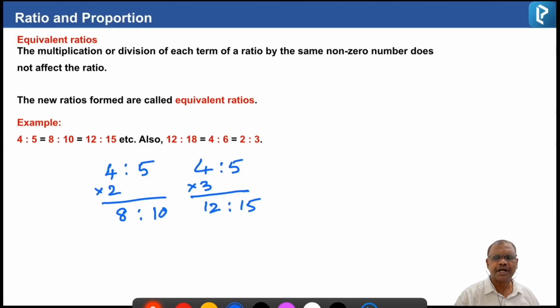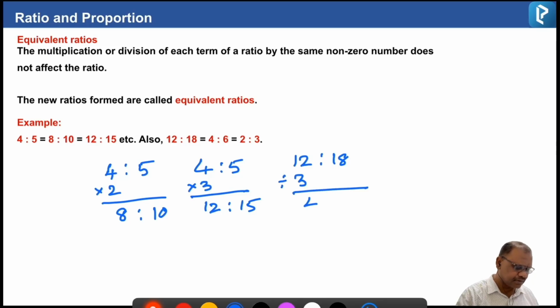So here we are multiplying. We can also divide to find the equivalent ratio. For example, let us take the ratio 12 is to 18. If both the terms are divided by say 3, 12 divided by 3 is 4, 18 divided by 3 is 6. 4 is to 6 is an equivalent ratio of 12 is to 18.